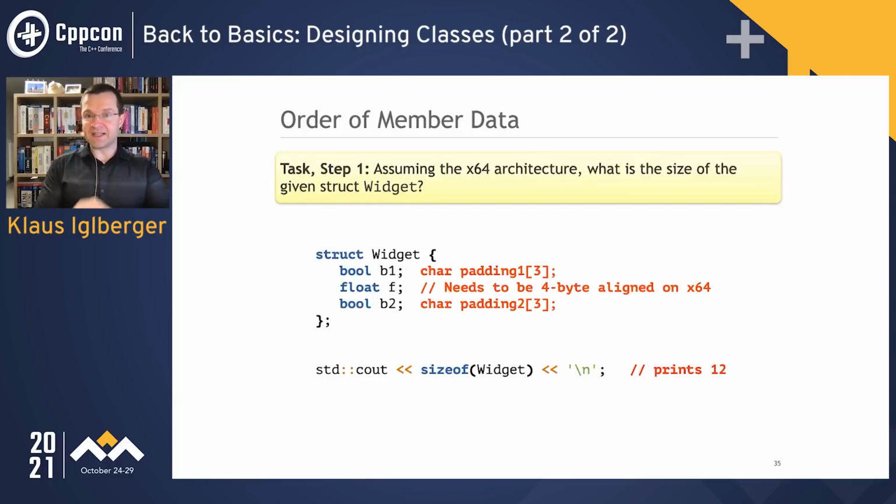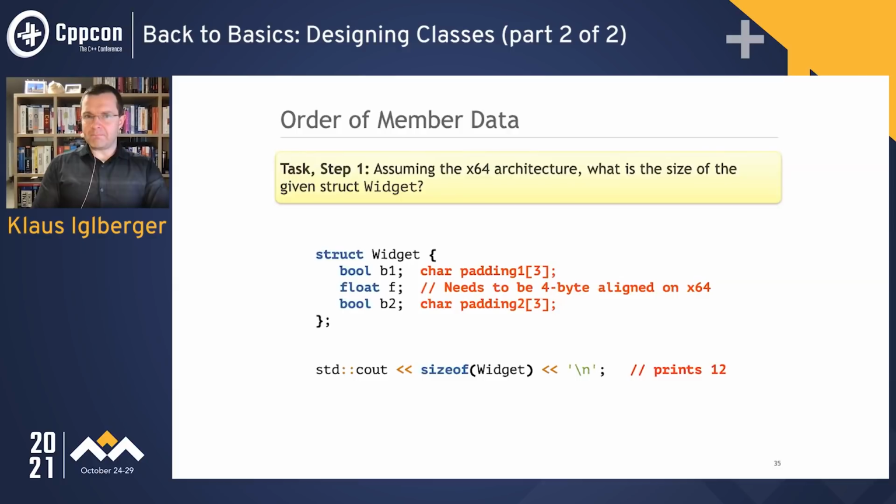Therefore, it itself is kind of a multiple of 4 large. And the widget itself is now also 4 byte aligned. And with these constraints, it's absolutely certain that all the widgets in the entire program will always be in a place where the float is properly 4-byte aligned.